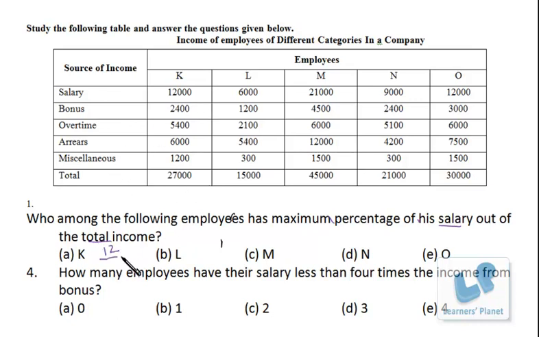So it is 12 by 27. In this case, it is 6 by 60 by 150, or we can say 6 by 15. In this case, it is 21 by 45. In this case, it is 9 by 21. And in this case, it is 12 by 30.